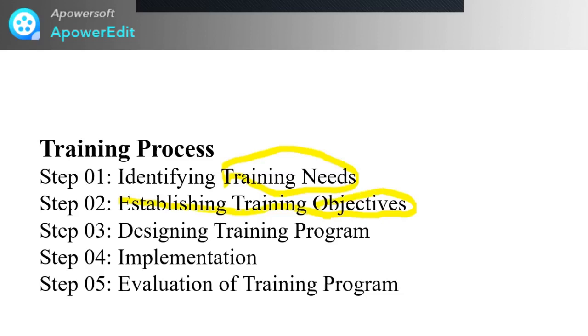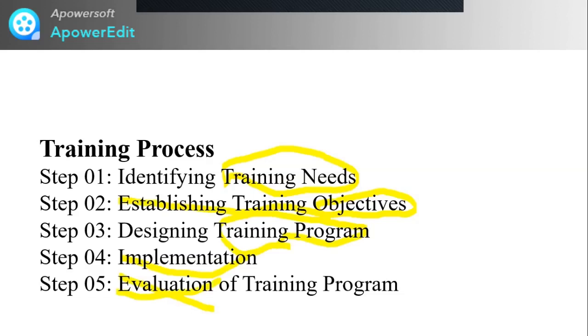Determine training objectives. Then based on the training objectives, we have to design the training program. After we design the training program, now we have the plan. Then we have to implement the training, actually present the training program. Then finally, we have to show whether our training program is effective or not.